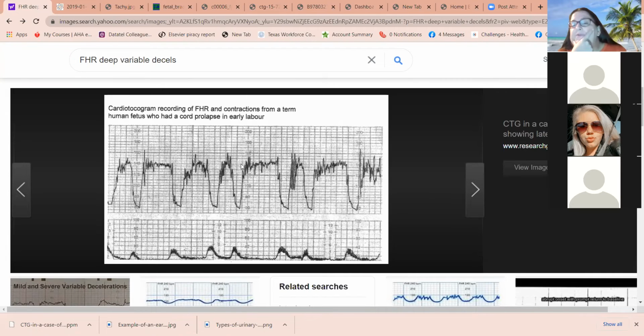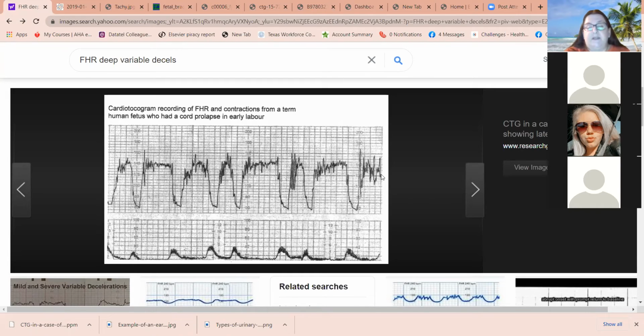So why do you think the variability is becoming more marked later in this strip? Yes, the baby is experiencing more stress.